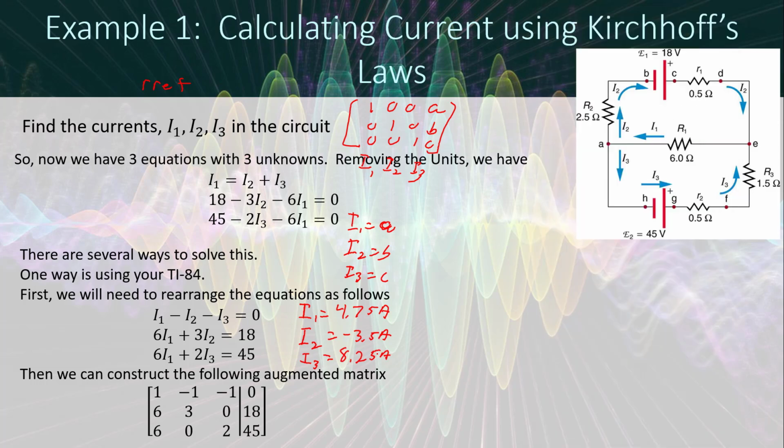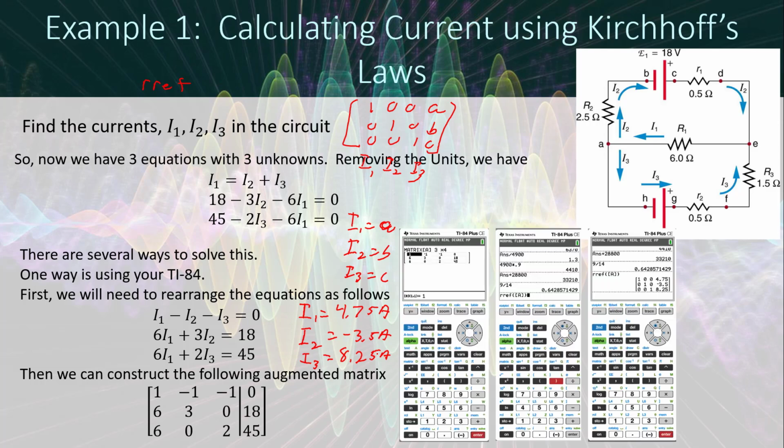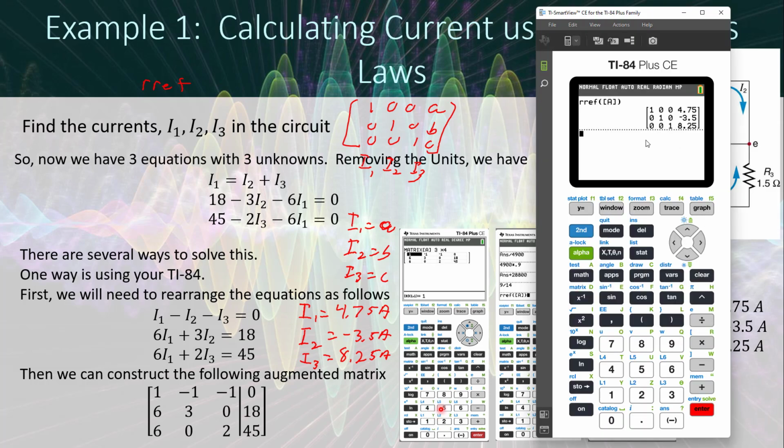Okay, so that's what we can get from our calculator, and of course that's also what we have here. And one of the things that we can deduce here is that, remember, when we made decisions on the current for I2, we chose this way, but since it came out negative, we know that I2 is going in the other direction. But nonetheless, that is how you can use your TI-84 to solve a system of linear equations.